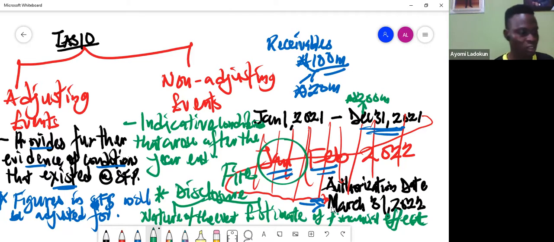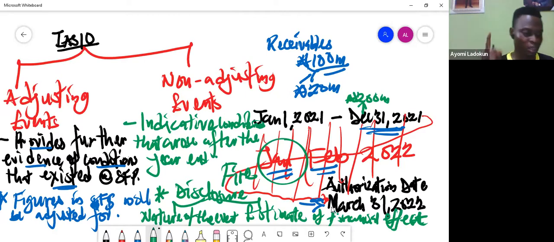Non-adjusting events are indicative of conditions that arose after the year end. An adjusting event requires that the figures in the financial statements be adjusted, whereas a non-adjusting event only requires disclosure. In doing that, you have to disclose the nature of the event and the estimate of the financial effect of that particular event. So that's what the standard is saying.